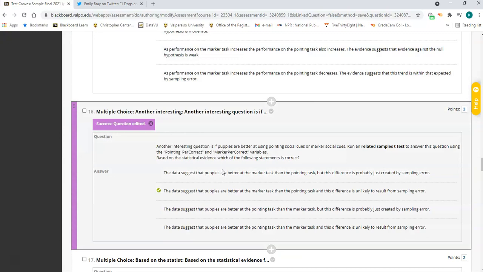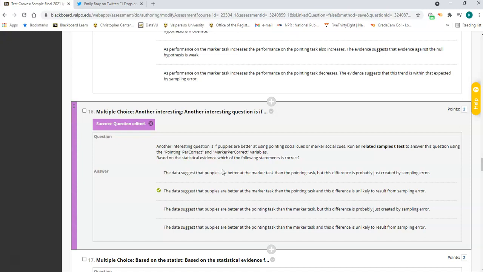Now we're going to do a related samples t-test. And in this related samples t-test, we're going to see if puppies overall perform better on the pointing task or the marker task, the two tasks I showed you at the beginning.